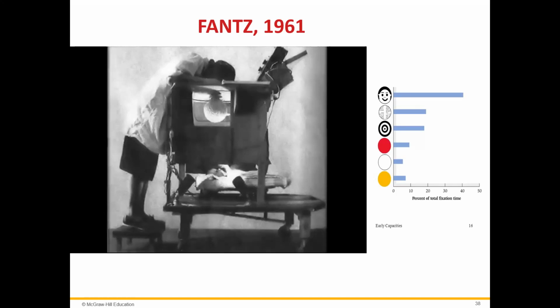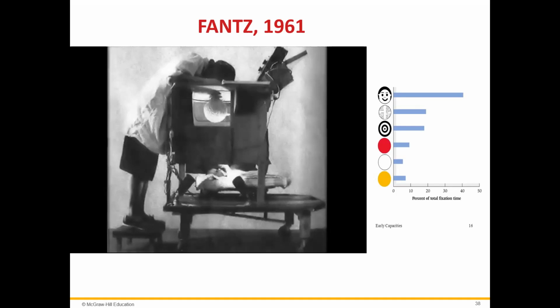Infants like dark versus light patterns, like black and white patterns. And some say that this is one of the reasons that they will look into adults' eyes, their caretaker's eyes, is because of the black versus the white in your eye.